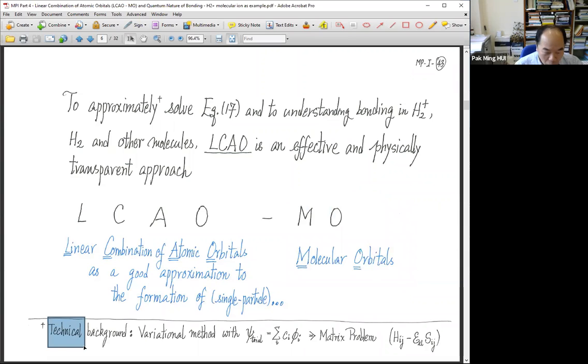Now, at this point, just to remind you about the technical skills we introduced in week number 1 of our course, the variational method. When you see a trial wave function of a linear combination of basis functions, then that will be a matrix problem of that size. You use 6 functions, you will get 6 by 6. You use 2 functions, you will get 2 by 2.